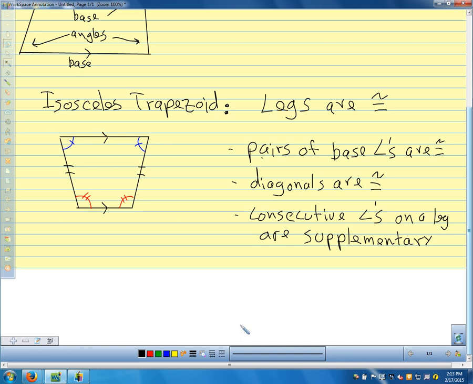And excuse me, supplementary means they add to 180. So on this, if we call this angle A and this angle B, we'd say the measure of angle A plus the measure of angle B is 180 degrees.